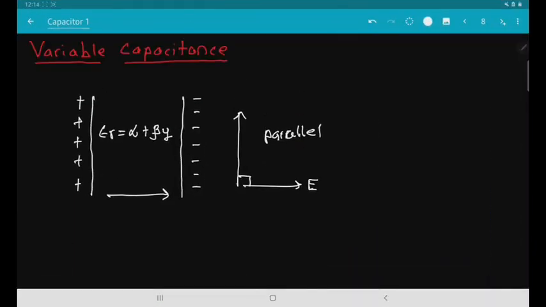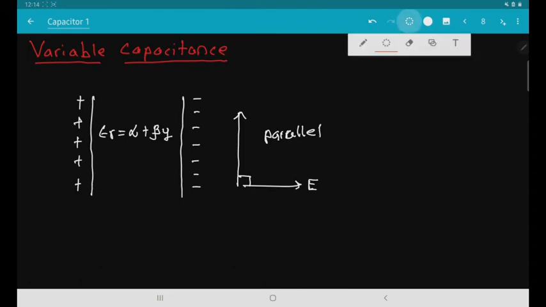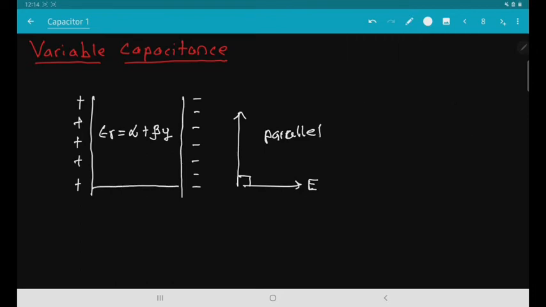Here again we will use a small element in the horizontal direction, because in this direction there is no change of capacitance. This small element we will consider of dy, and we will consider the addition of capacitance in the vertical direction.